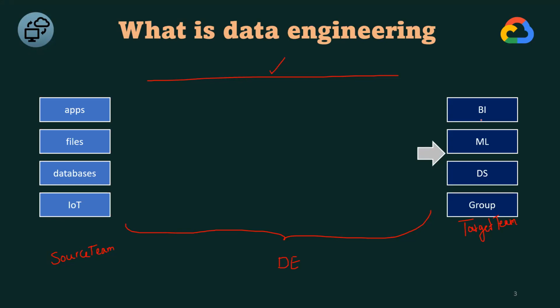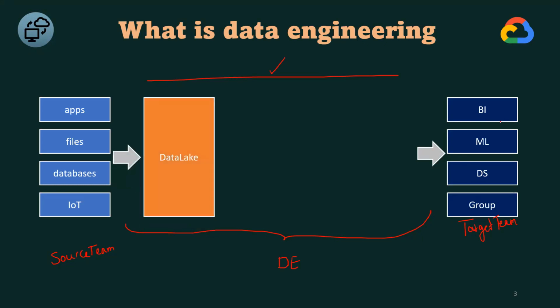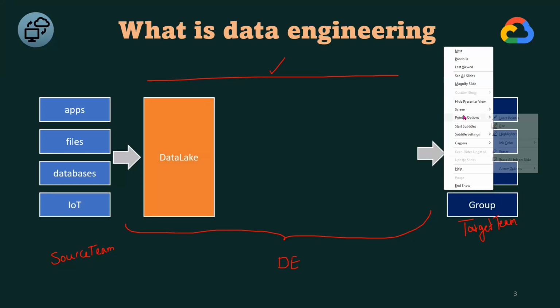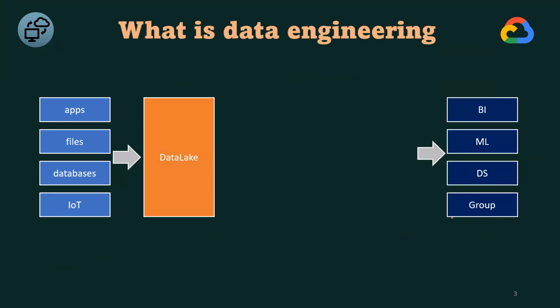If we want to provide data for the analysis, for the machine learning model, or for the data scientist to provide future trends, we need to extract this data from multiple data sources and store it in a single platform called a data lake.